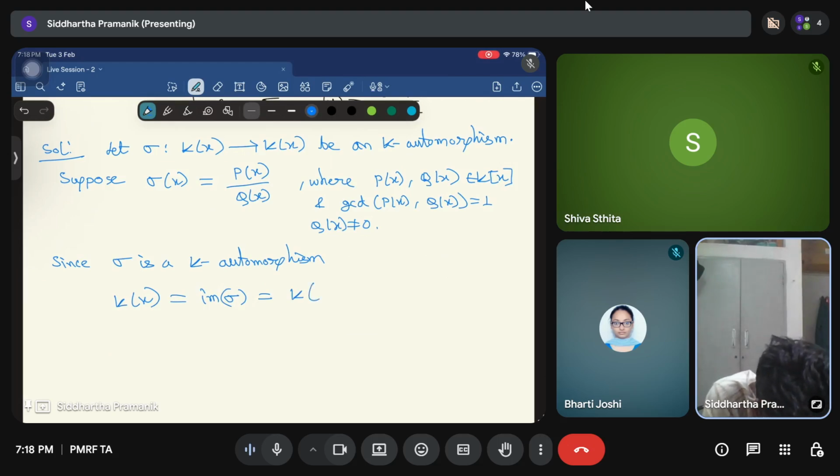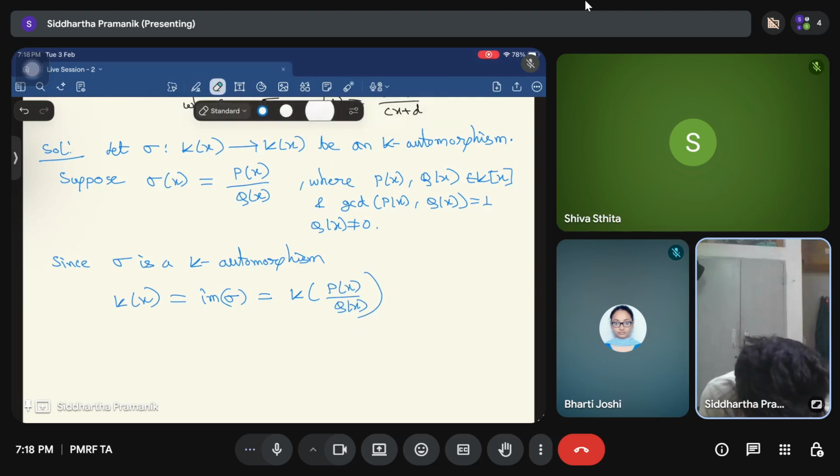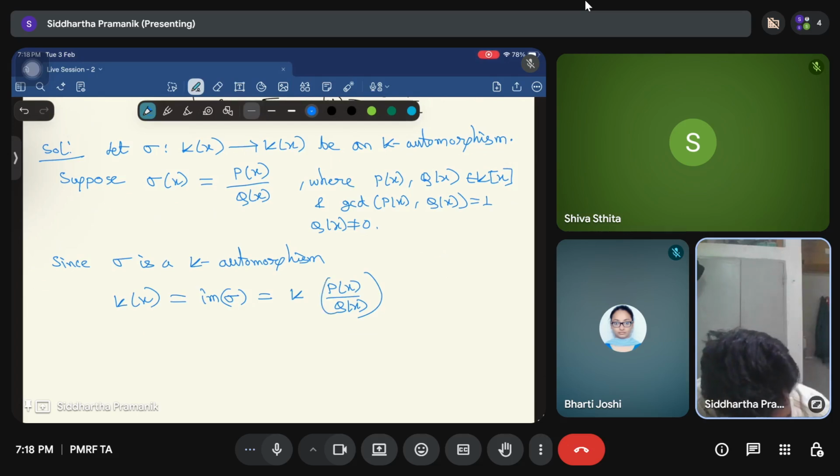So it is k(p(x)/q(x)). Why this equality?